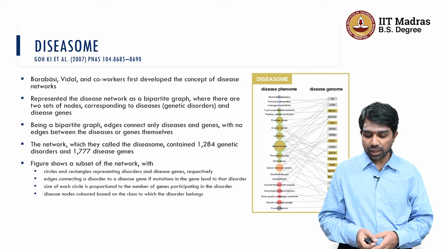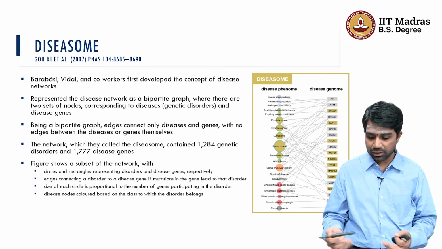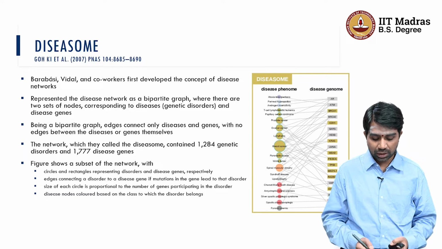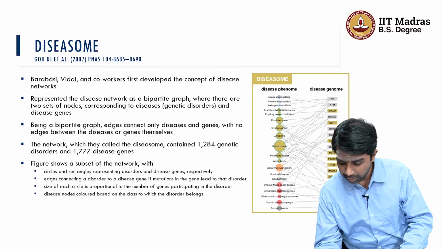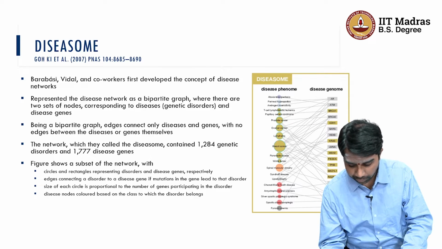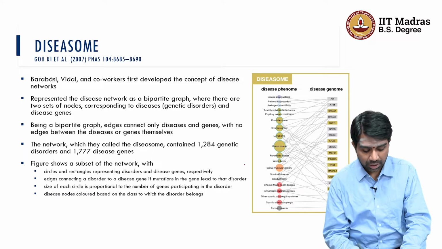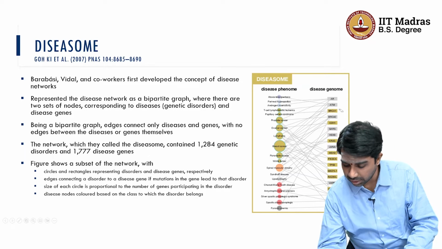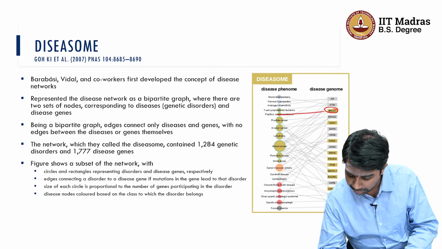And this figure shows a subset of the network. As I said, the circles and rectangles represent different types of nodes, and edges connect a disorder to its genes. For example, BRCA1 is involved in a bunch of cancers. So if mutations in BRCA1 are known to lead to a disorder, you have an edge.